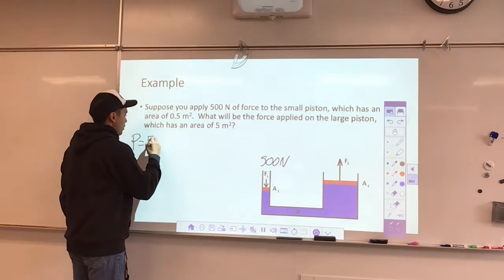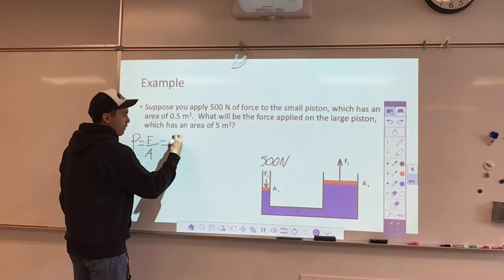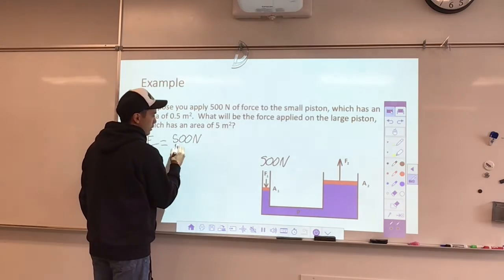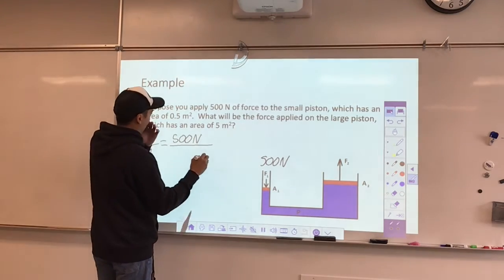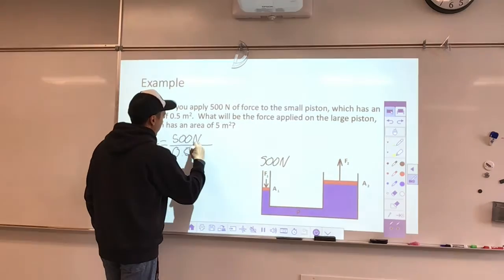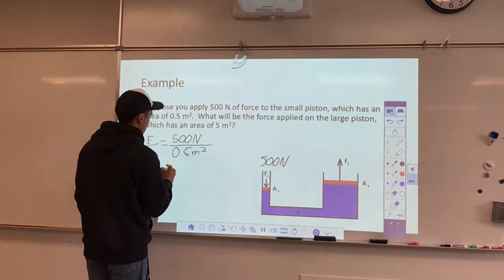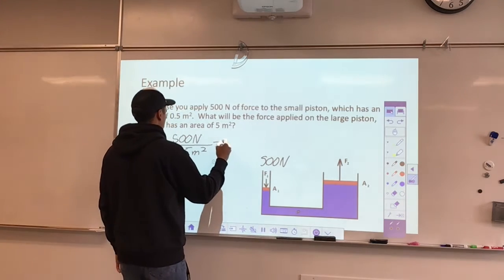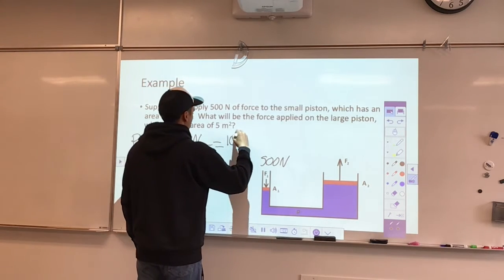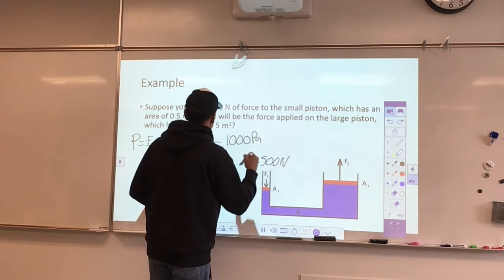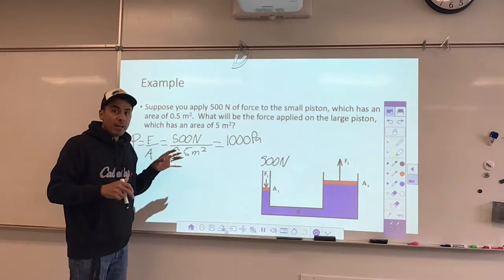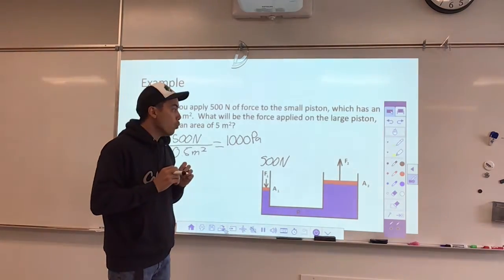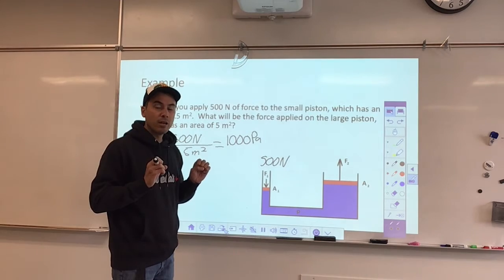Pressure equals force divided by area, 500 newtons divided by my area, 0.5 meters squared, and that is going to turn out to be 1,000 pascals. So yeah, for every square meter in this system, there's now 1,000 pascals of pressure.